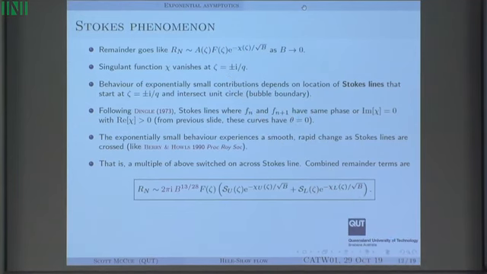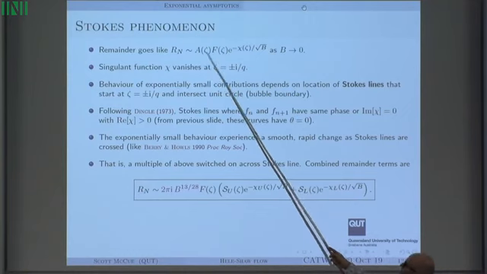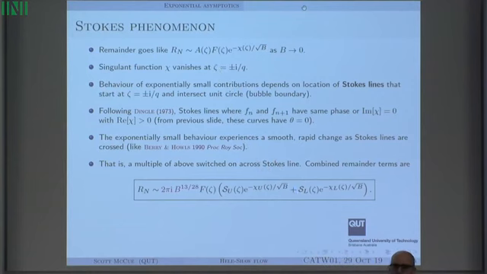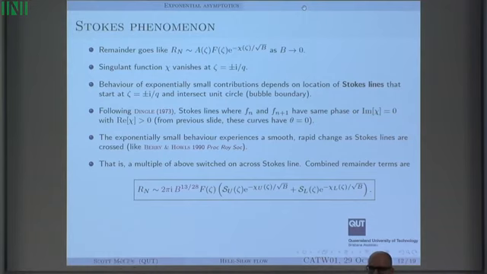So we have these remainders, and the size of the Stokes multiplier, the thing in front, depends on where you are in the plane. And in particular, when you cross over a Stokes line, it jumps from some value, let's say 0, up to some other value. And the Stokes lines themselves start at the singularities, and then you can track them numerically, say.